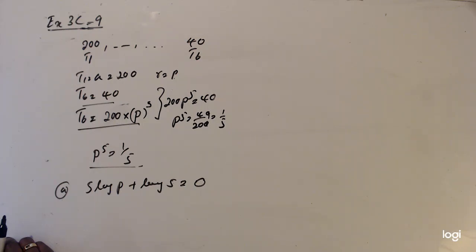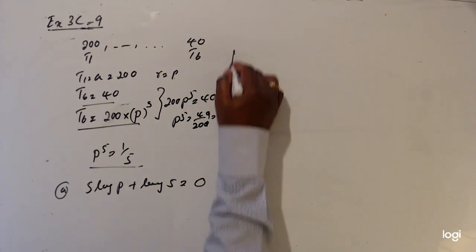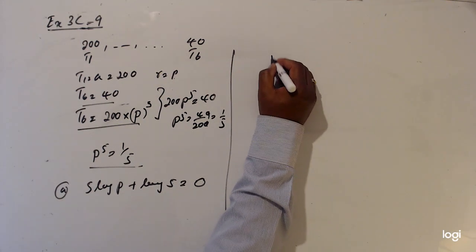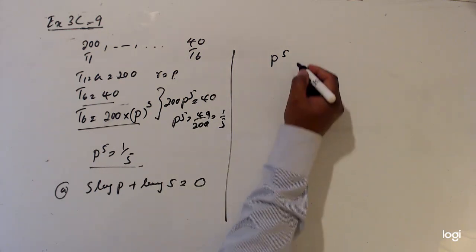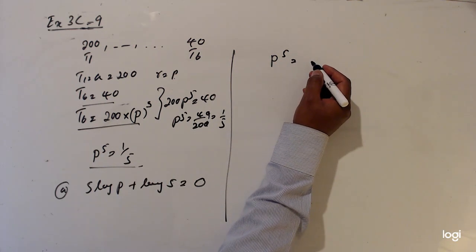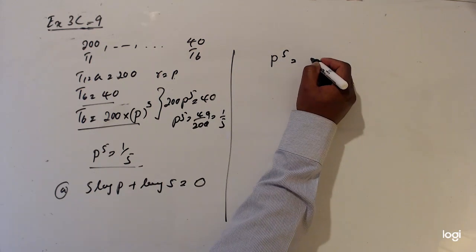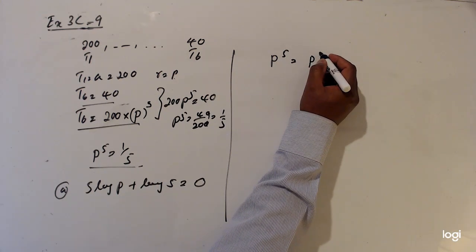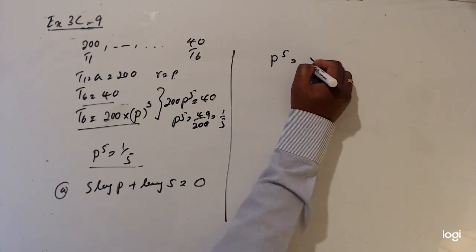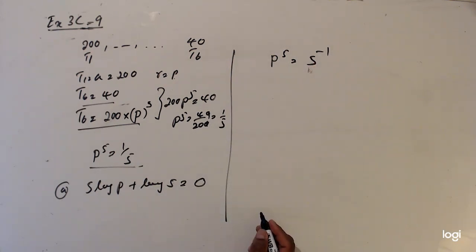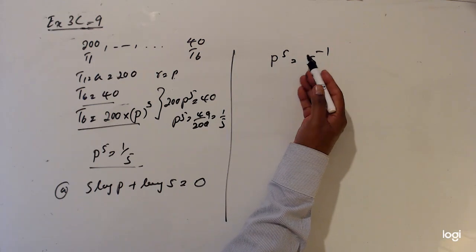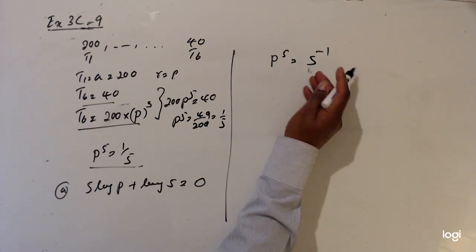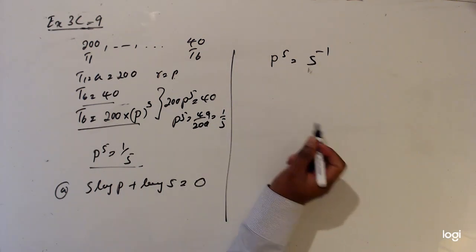Let's see how we can do this. I can write P to the power 5 equals 5 to the power minus 1, because the minus 1 comes here, and moving it to the other side it becomes positive.